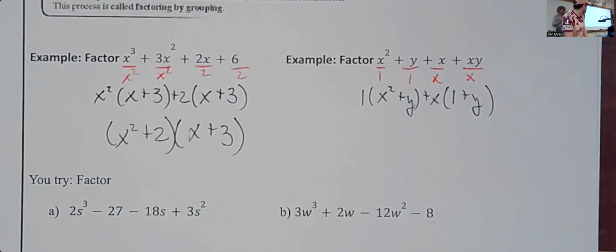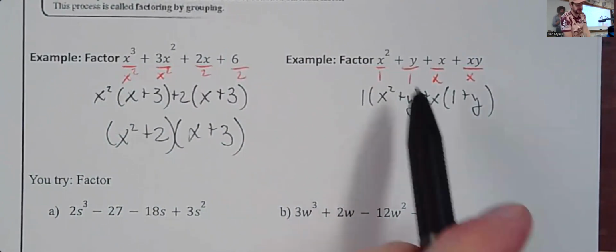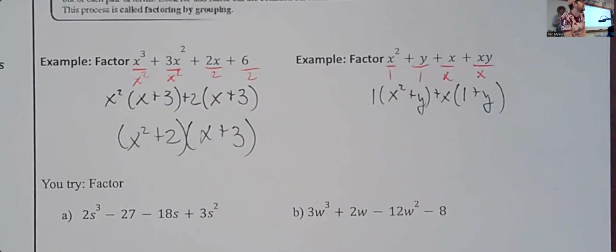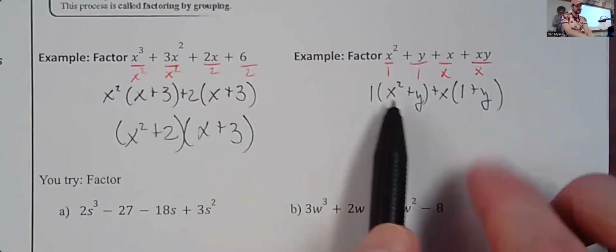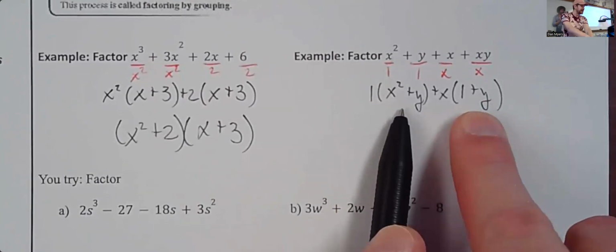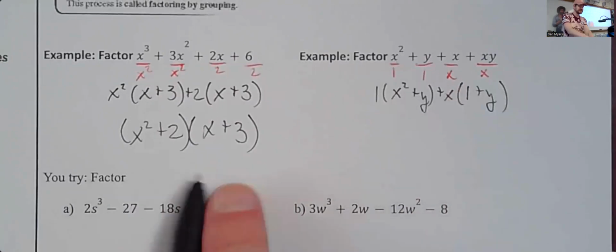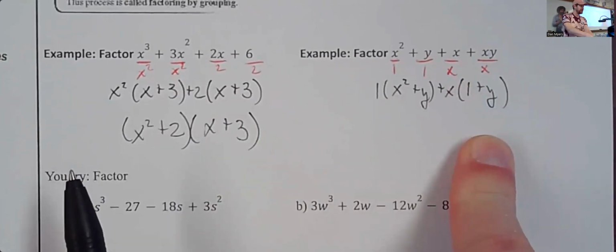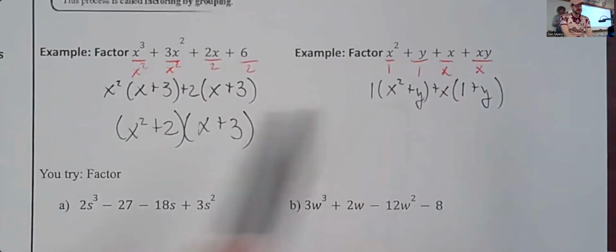Because it does work, but it doesn't work in the way that it's originally written up here. Because in order for this to work properly, we have to have the same set of parentheses twice here and here, which we do not have. So we can't actually just write this as a product of 2 binomials right now. So this doesn't work the way that it's currently written. So we can get rid of that.